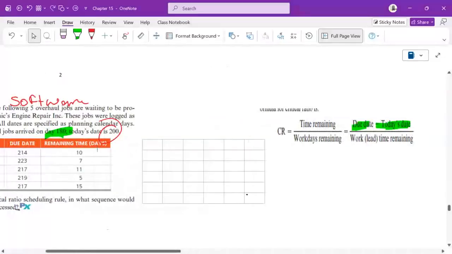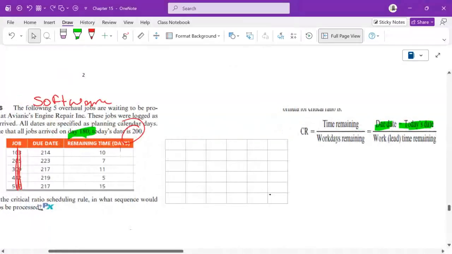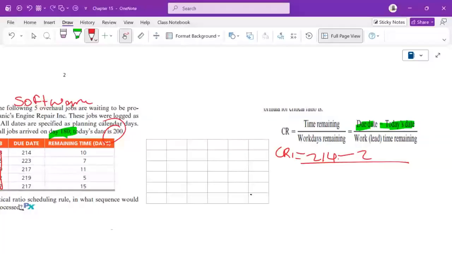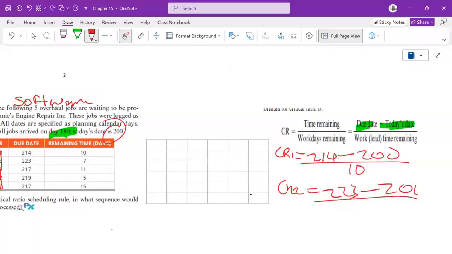Then now, due date is 2. CR for number one equals 214 minus 200 over work lead time. What's your work lead time? 10. CR 2 equals 223 minus 200 over 7.